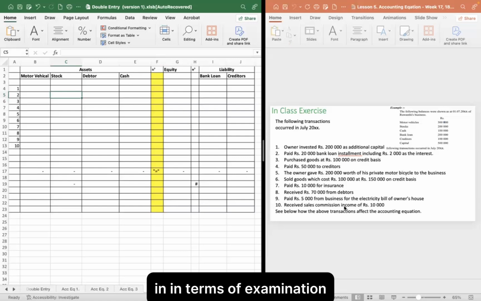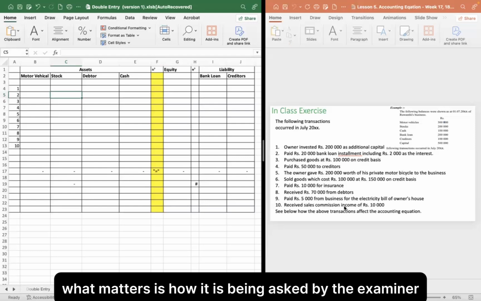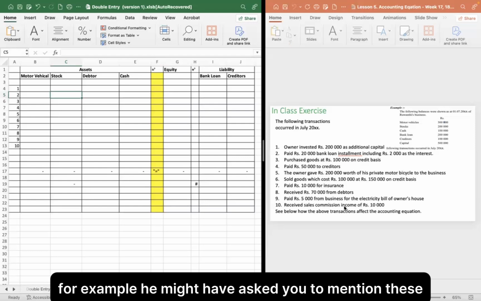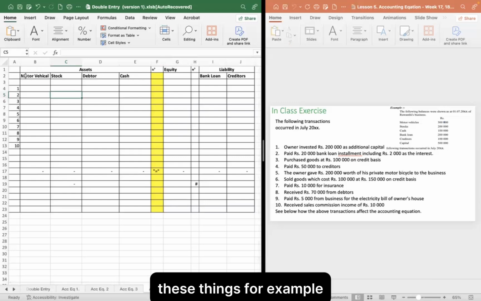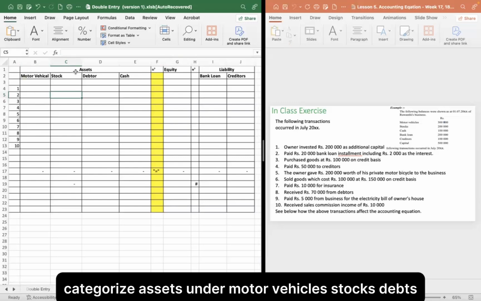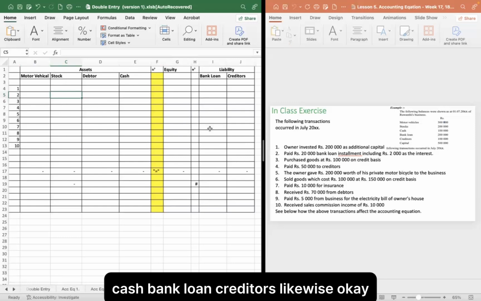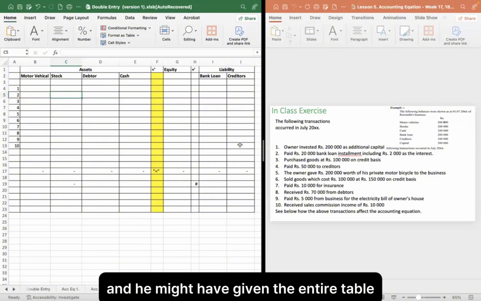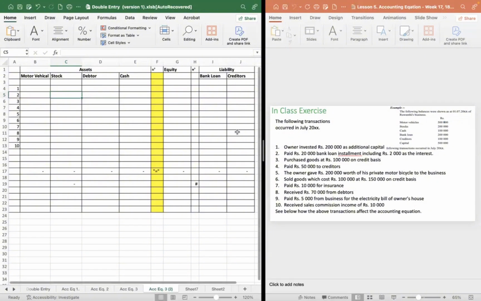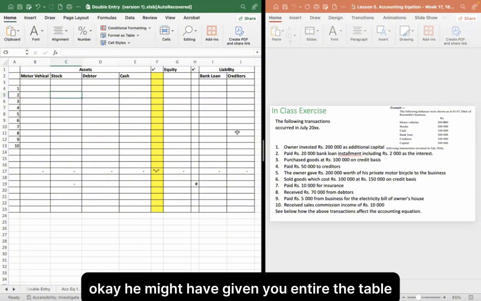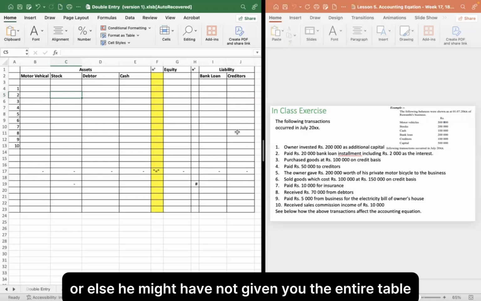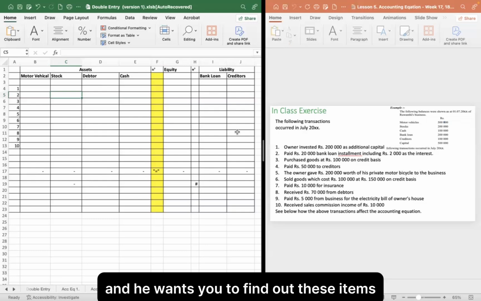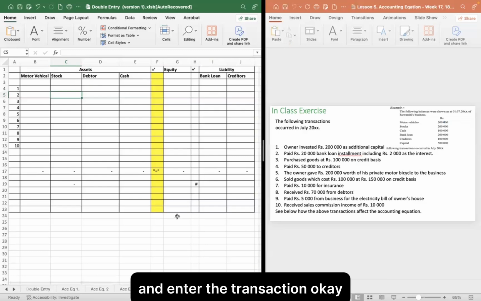In terms of examination, what matters is how it is being asked by the examiner. For example, he might have asked you to categorize assets under motor vehicle, stocks, debtors, cash, bank loan, creditors, likewise. He might have given you the entire table, or else he might not have given you the entire table and wants you to find out these items and enter the transaction.